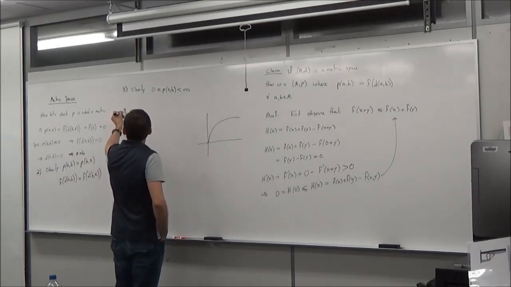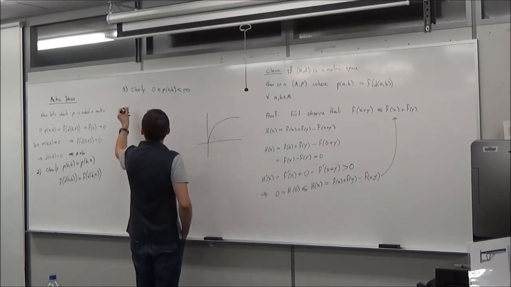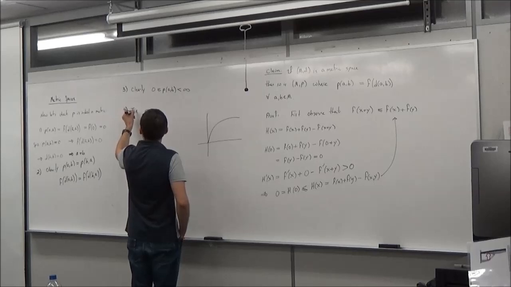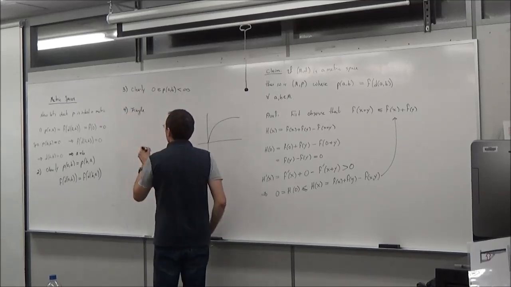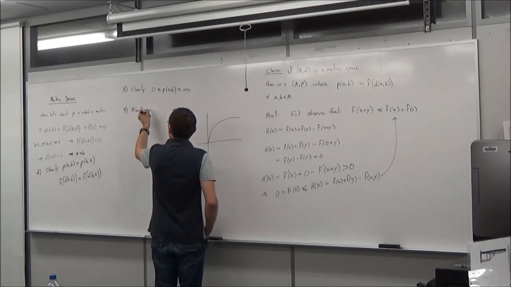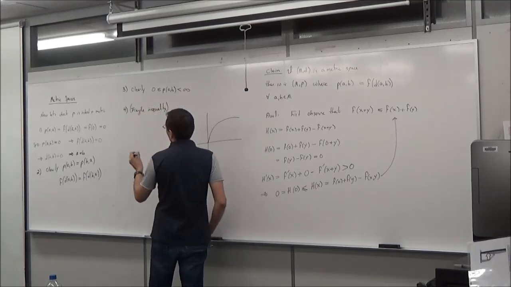Fourth property is triangle inequality. That's where you need this picture. That's usually the hardest to check. Why is triangle inequality true? So look at it.